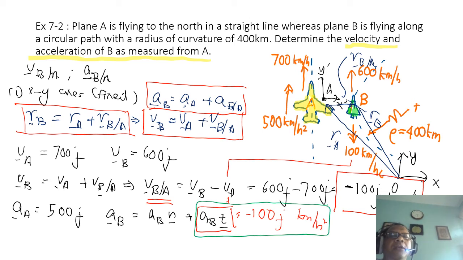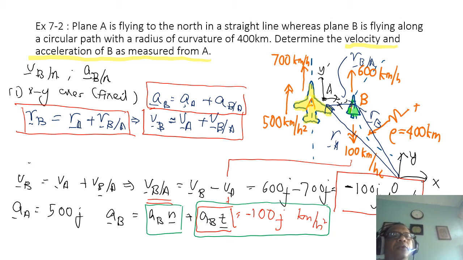What about N here? So we know the normal component. I have to remove this data here to make some space to write.